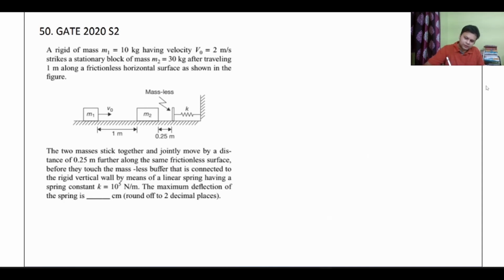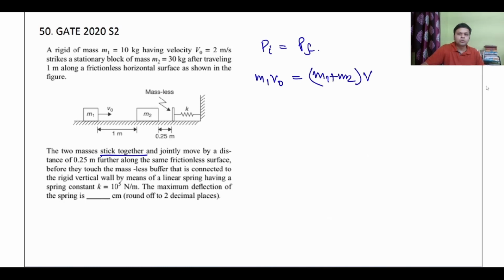First, I will conserve the momentum, right? I can say initial momentum P initial is equal to P final. So what is the P initial? M1 into V naught should be equal to, after striking, it is clearly seen that they stick to each other, so I can say M1 plus M2 into, let me say, V, the combined velocity after the collision.